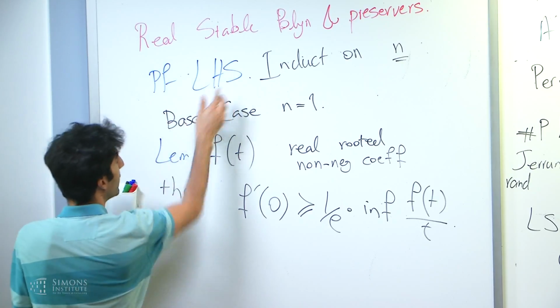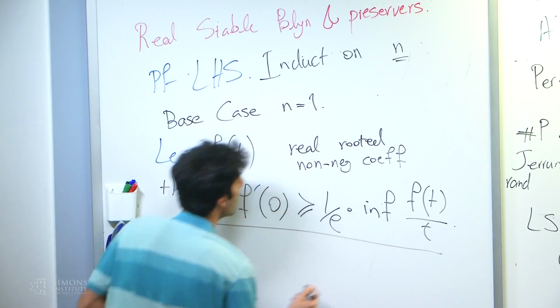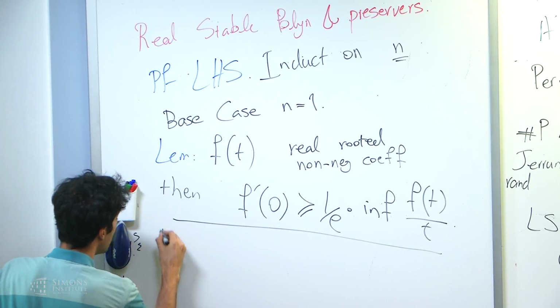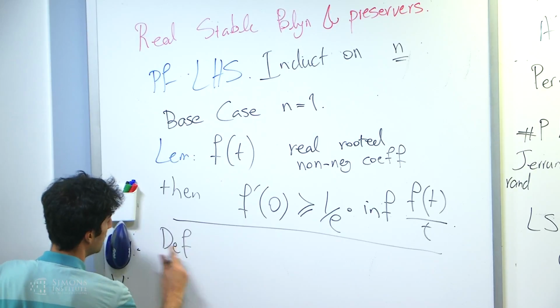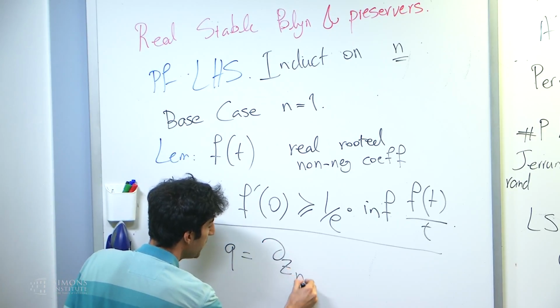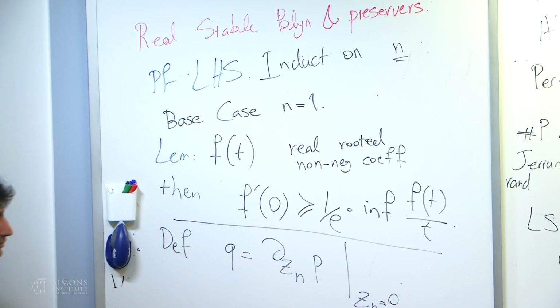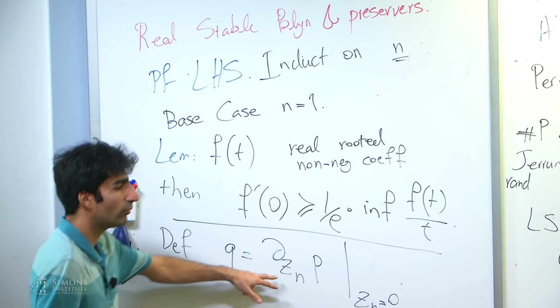So I want to induct on n, and this is the base case. Now define Q to be partial Zn of P at Zn equals 0. I just killed off one variable.